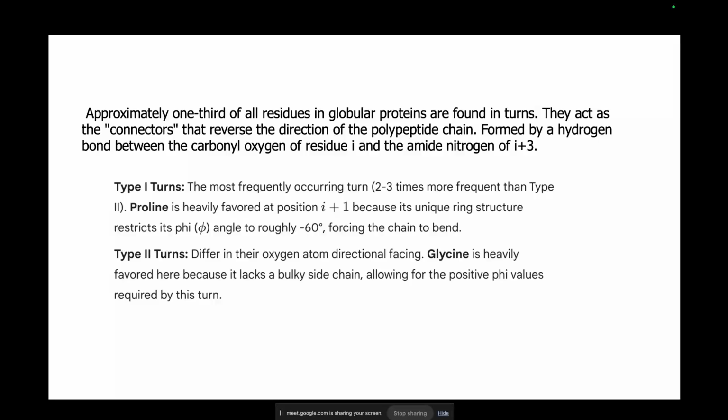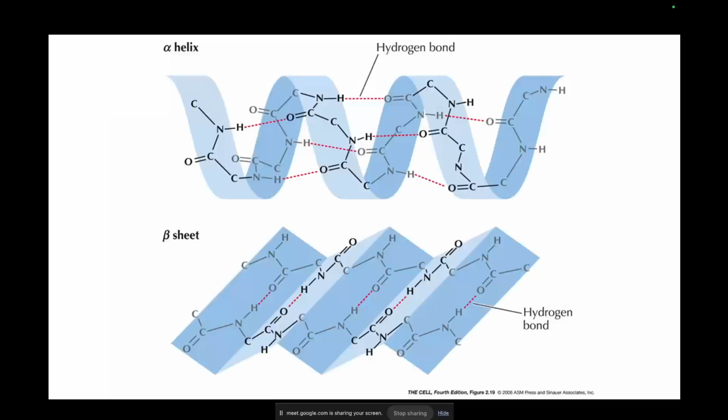We're going to talk about this in the Ramachandran plot slides, but just to give you an idea that there can be variations in folding based on the angles between these different types of polypeptide chains. This is just a representation of how the alpha helix and beta sheets look, and what the hydrogen bonding pattern of the amino acids between them is.